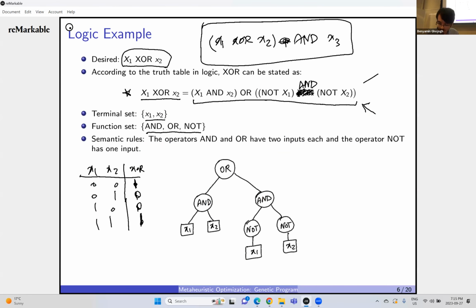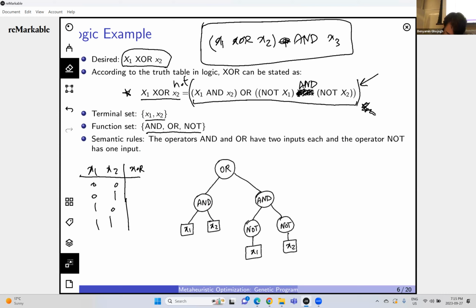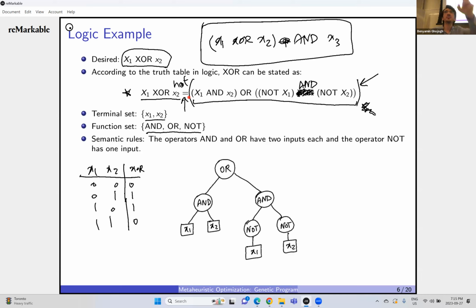This one? Okay, just give me a second. Do you mean that there should be a not here? Okay, sorry about that. Sure, I will correct the slides, but what I wrote in the lookup table is correct. XOR is short for exclusive OR. It means that only one of them should be 1, not both of them. And apparently my expression here was wrong, and it needs a not at the end. Okay, that's fine. By the way, you can check out whether this equation is correct or not, and I think one of you guys just checked and found out that there was a mistake here.